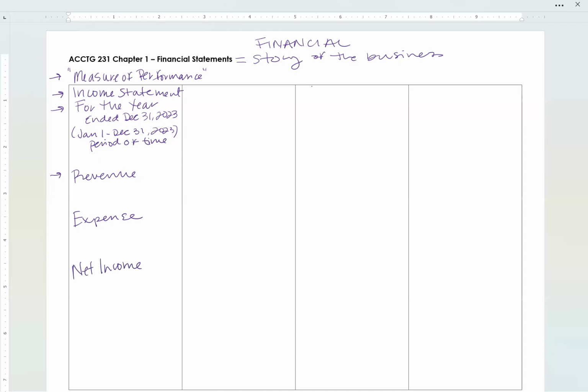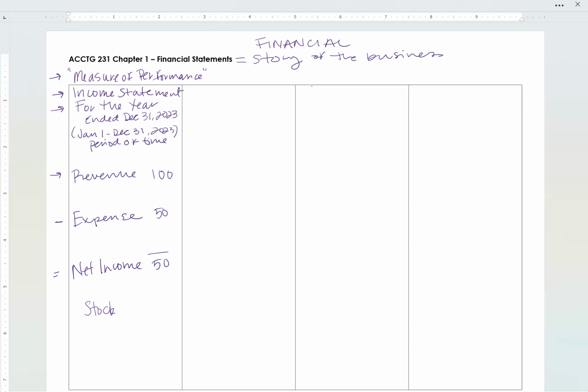Now, our very famous profit equation is revenue minus expense equals net income. So if on our financial statements, we've earned a revenue of $100, had expenses of $50, what's our net income? You've got it, $50.